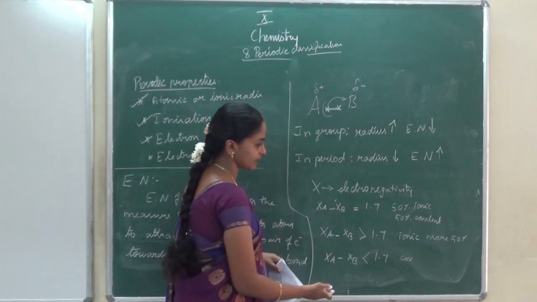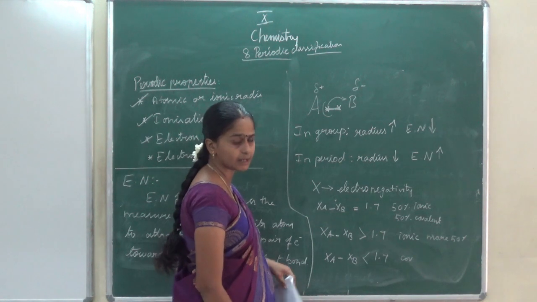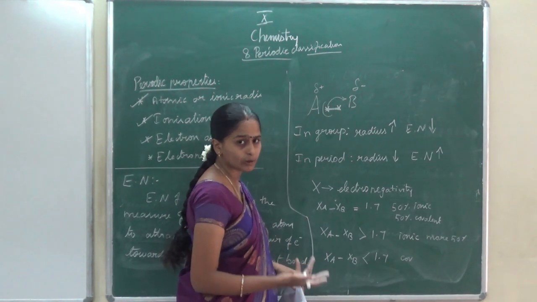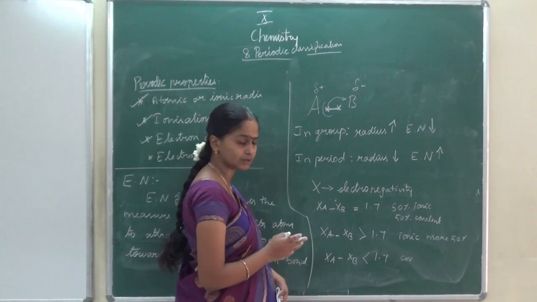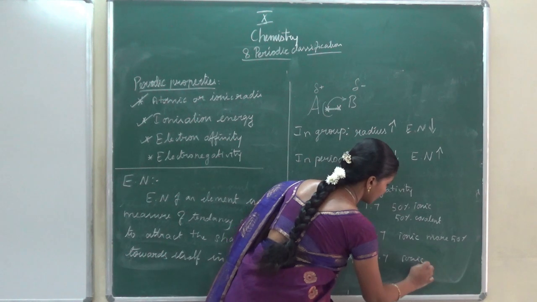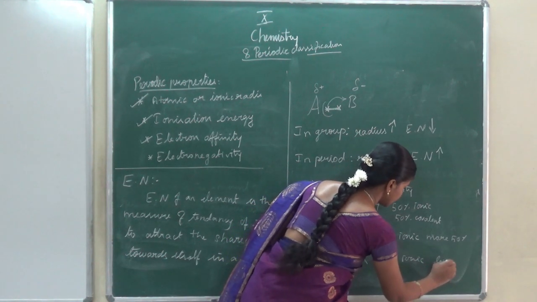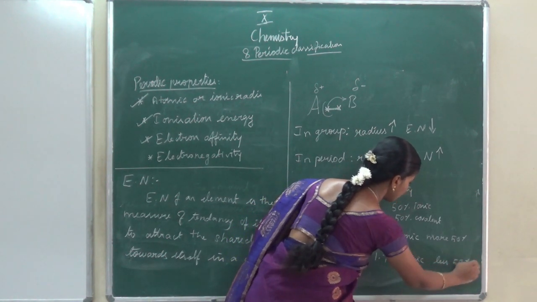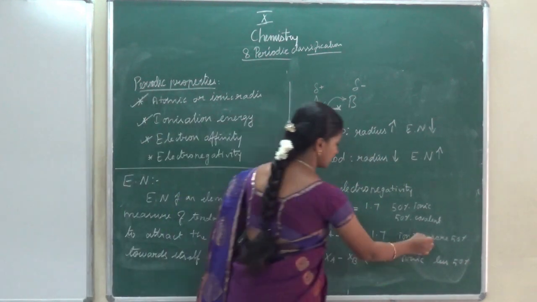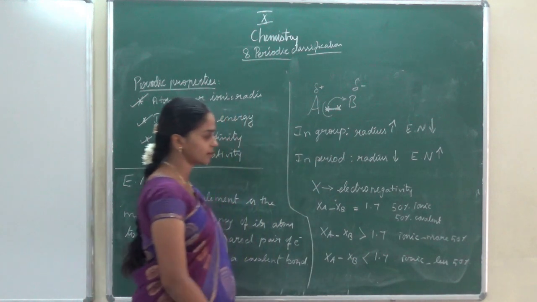That means ionic character is less than 50%. Ionic character is less than 50% means whose character is more? Covalent character is more than 50%. So simply you can write here: ionic character is less than 50%. Will you remember?